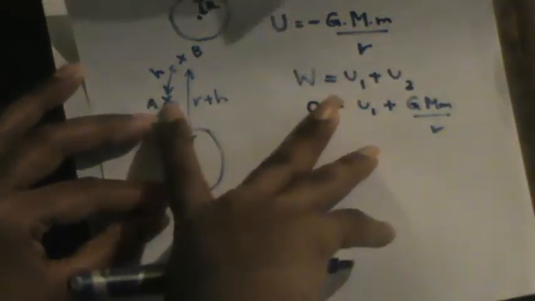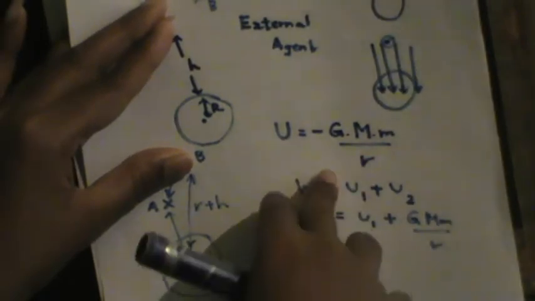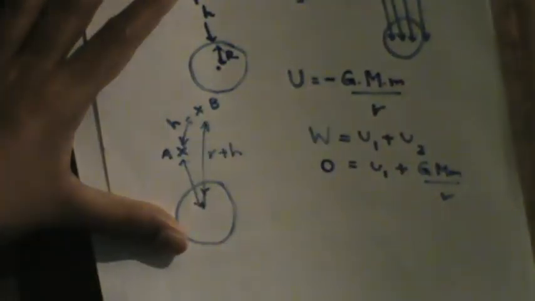So you are taking an object at a distance of r from the center of mass, so it will have some potential energy as given by this equation. This object already has some gravitational potential energy, and we are shifting it a further distance h upwards, so its gravitational potential energy will change. We have to find the work done in translating this object a distance h in the Earth's gravitational field.